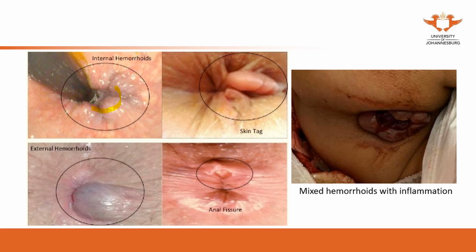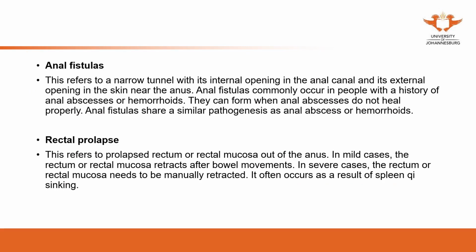As you can see here, these are the hemorrhoids. This one is the severe hemorrhoids, mixed hemorrhoids with inflammation. So if a patient presents with this, the patient will be very painful. The rectal prolapse is very similar to the uterus prolapse.